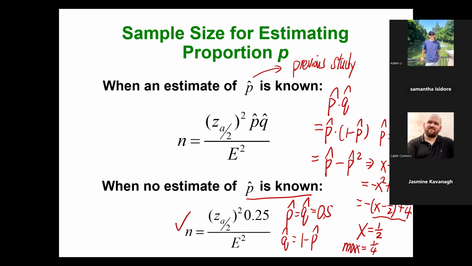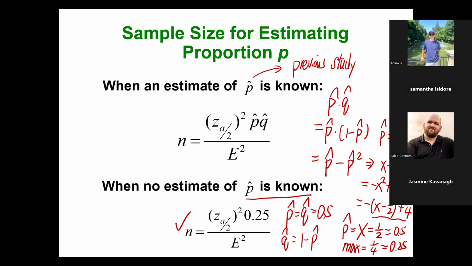This is called the vertex. We call these quadratic functions, right? The vertex for the quadratic function is either a maximum or a minimum. In this case, it's a maximum. That's why this is 0.25. So the maximum value is 0.25 when x, which is p hat, equals half, which is 0.5.